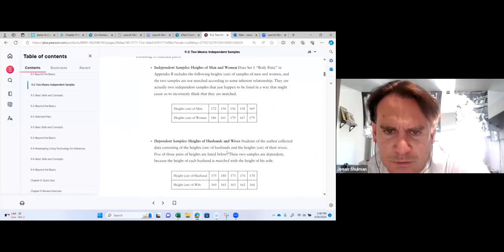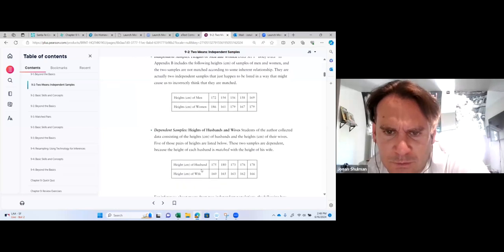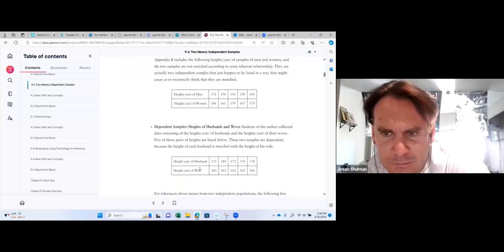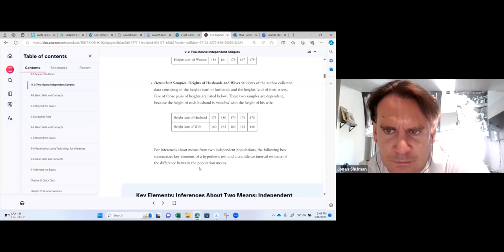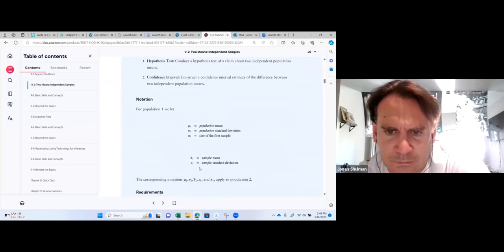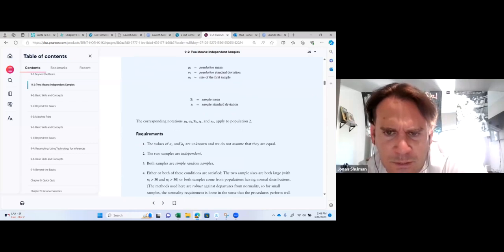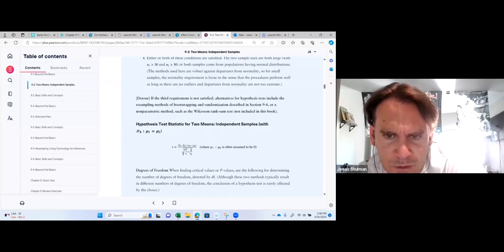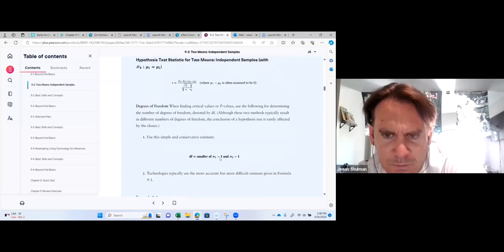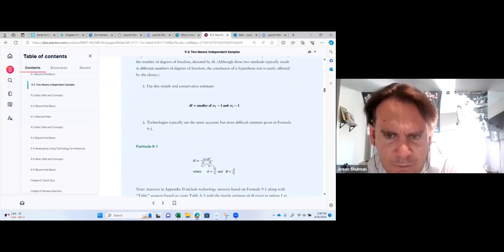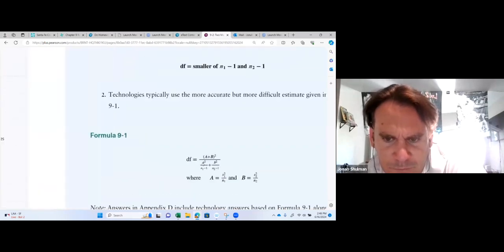Independent samples: heights of men and women. Dependent: heights of husband and wife. So we need standard deviations not known, and a simple random sample, more than 30 of each. There's our T statistic. Degrees of freedom is the smaller of n1 minus 1 and n2 minus 1. That's how you get the degrees of freedom.